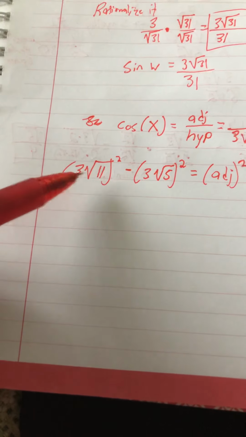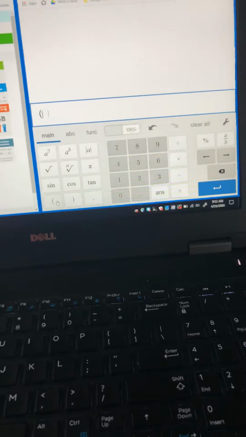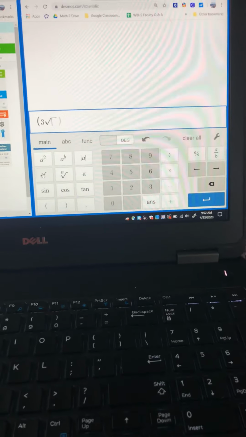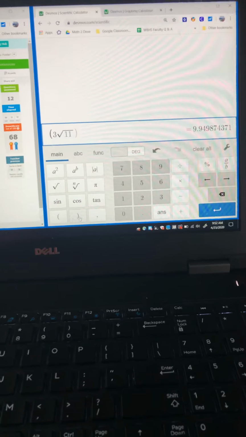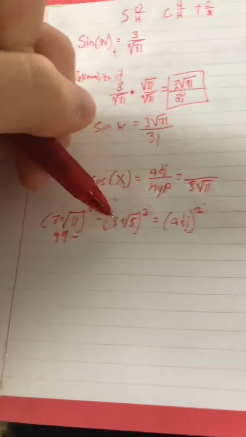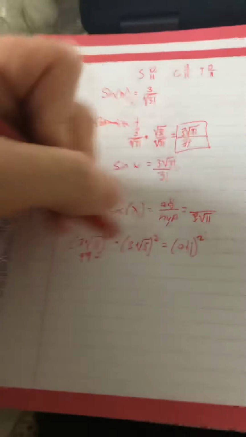All right. So when we do this, it'll be 9 times 11, which should be 99, but I'm going to check it in the Desmos, because I want to make sure I do it right. So 3 root 11 squared. Yep, 99. So 99 minus this one, it'll be 9 times 5, which should be 45.